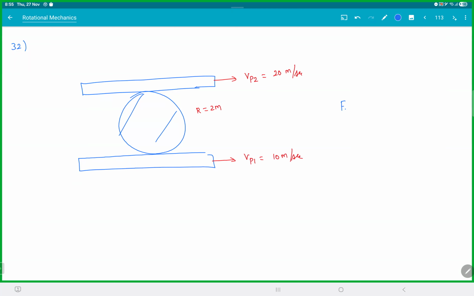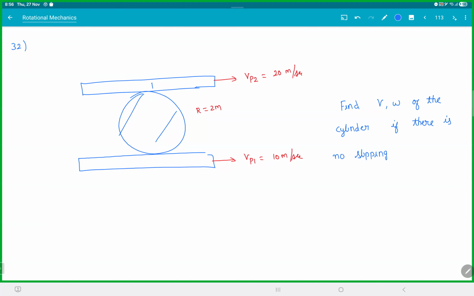Find the velocity and omega of the cylinder if there is no slipping at any surface. If there is no slipping between cylinder and the planks.